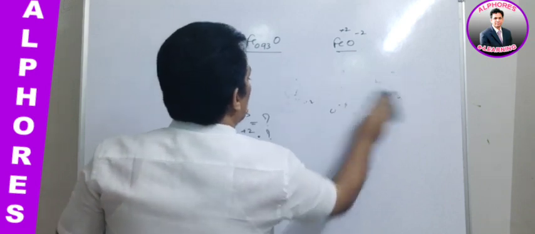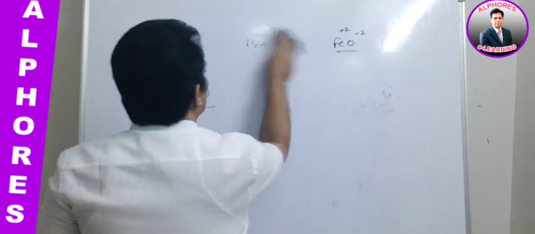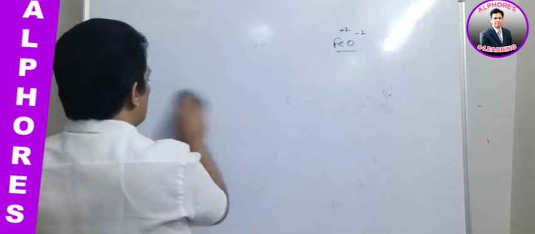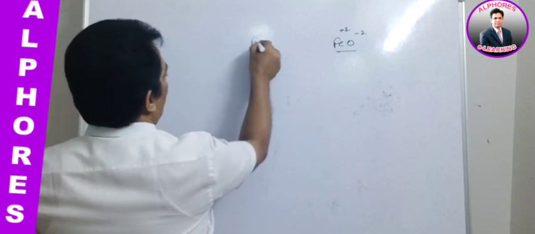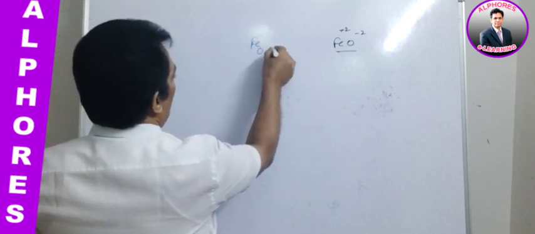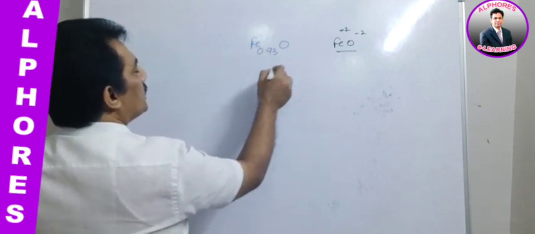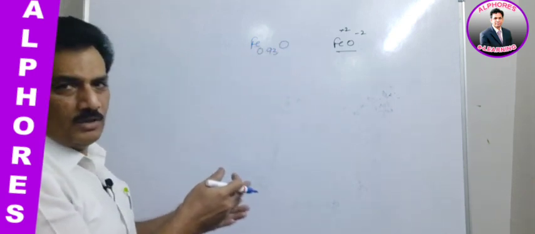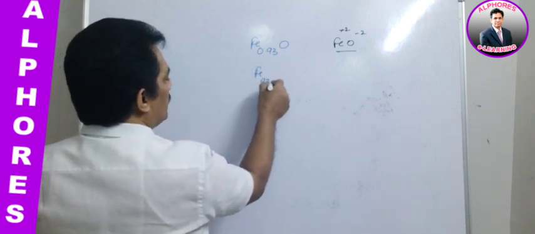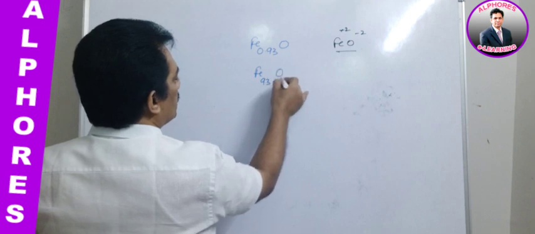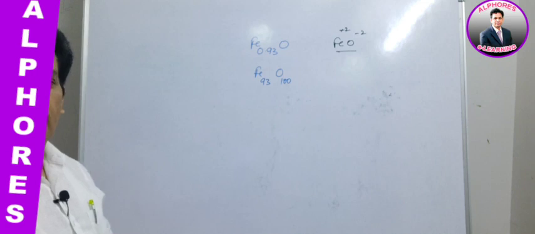When we consider Fe0.93O, let us multiply both sides by 100 to clear the fraction. It becomes Fe93O100. Clear?